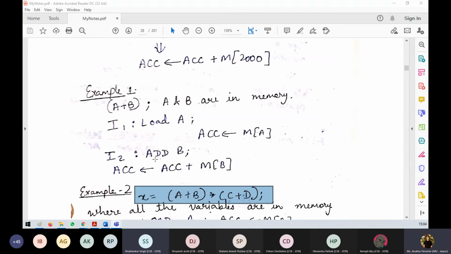No. When we say add B, it will automatically be stored in the accumulator because this is the default memory. So if we need to store the result somewhere else in the memory, we need to add a store instruction, right? Yes, yes, you have to add that.